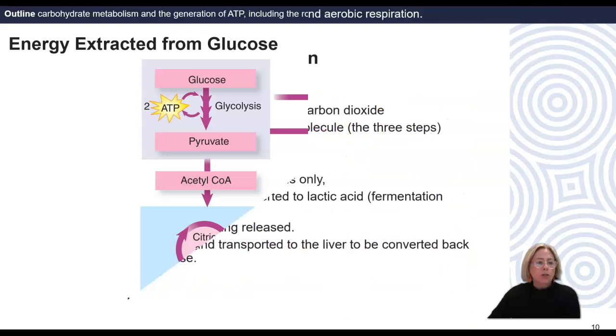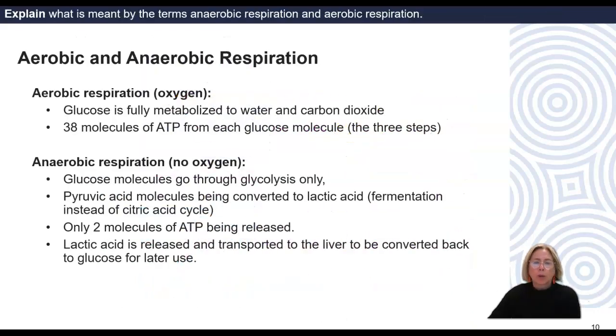Okay, so let's look at the difference between aerobic and anaerobic respiration. It's fairly straightforward. Aerobic, oxygen is present, glucose is fully metabolized to water and carbon dioxide. 38 molecules of ATP from each one glucose molecule, and those 3 steps that we summarized. Anaerobic respiration, there's no oxygen, so glucose molecules only go through glycolysis.